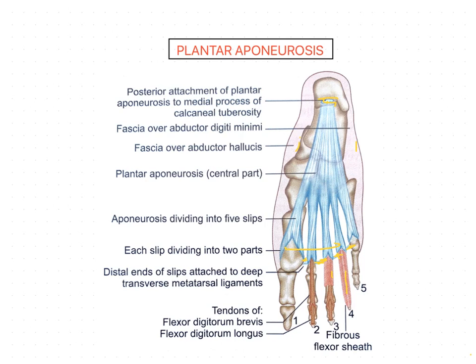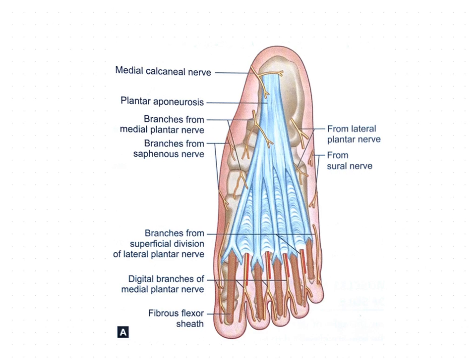The apex is proximal and it is attached to the medial tubercle of the calcaneum, proximal to the attachment of the flexor digitorum brevis muscle. And the base is distal. Okay, here you can see very clearly in this picture.